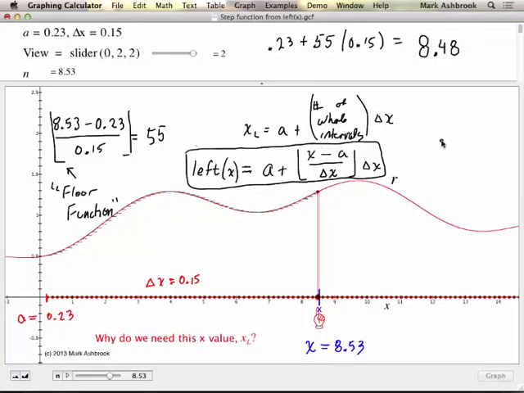Okay, so what was left of 8.53? So this is a function now. This is the name, this is the input, and the output is?